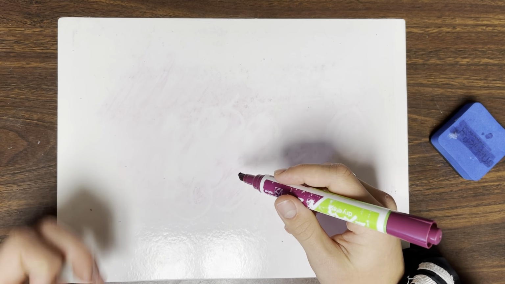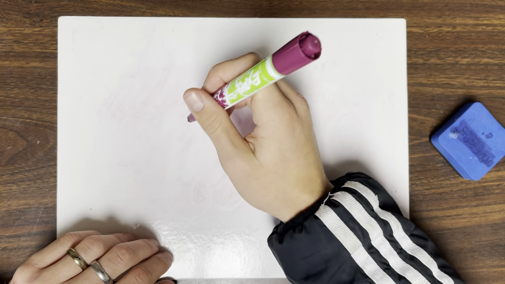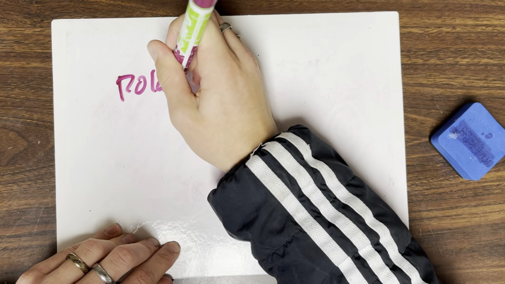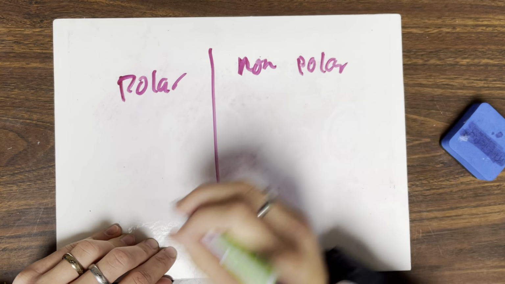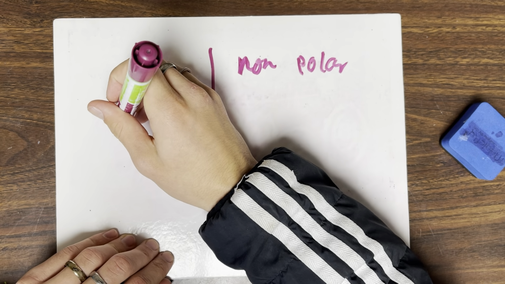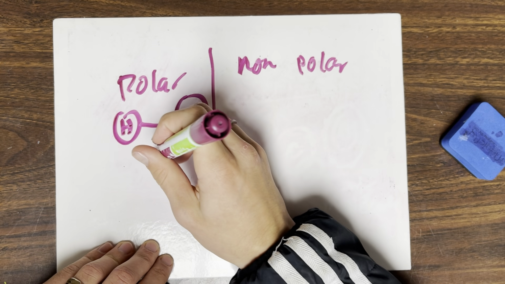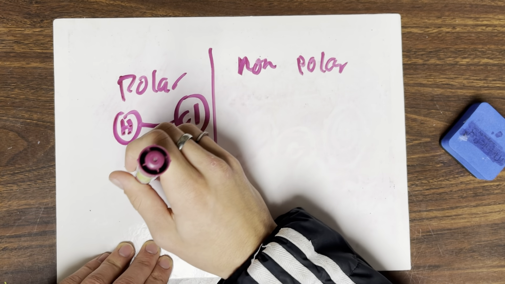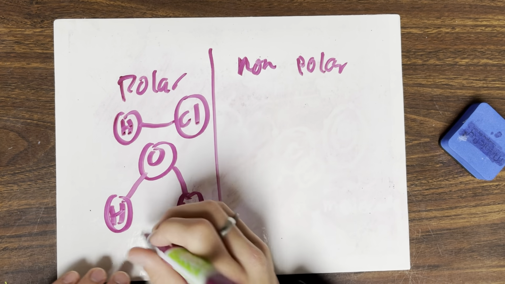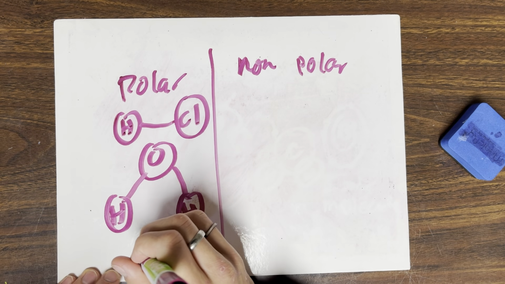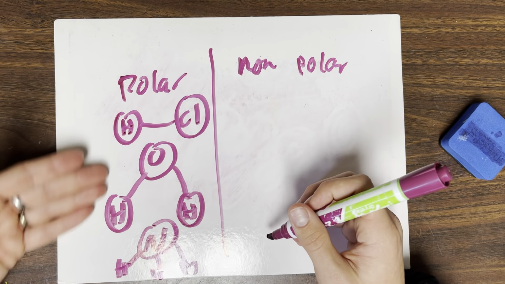Polar covalent bonds are electrons that are equally shared between atoms. So polar, non-polar. Polar would be HCl, OH, H. That would be a definition of polar.